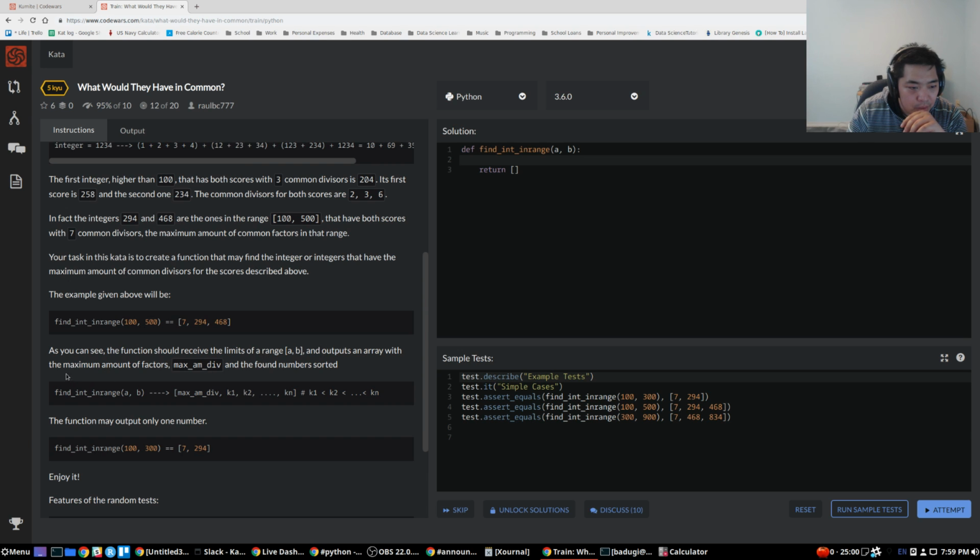And outputs an array with the maximum amount of factors. Okay. Oh, the function receives the limits of range A through B. Well, that's not. No. That still doesn't make sense to me.